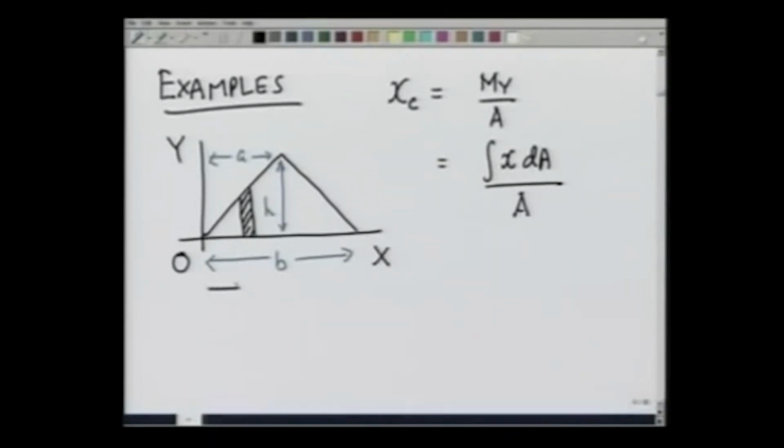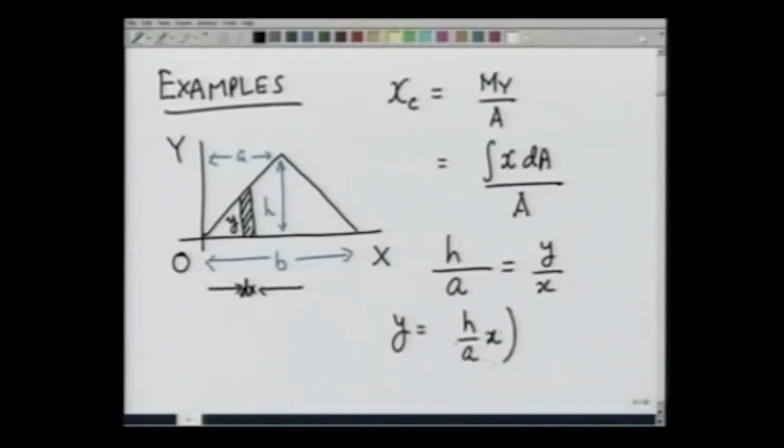This distance I will take to be dx. The height of this is y. From similarity of triangles, I know that h divided by a is equal to y divided by x, and therefore, y equals h over a times x. This is true as long as x is below a.